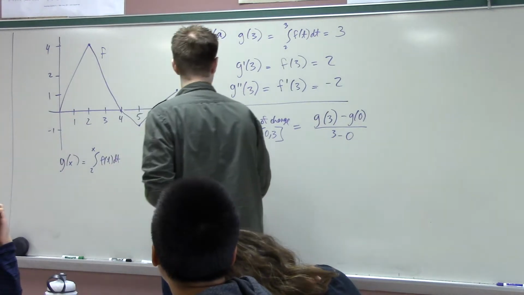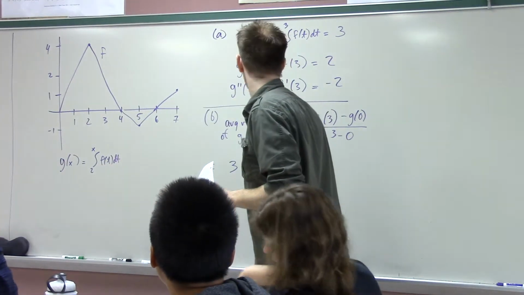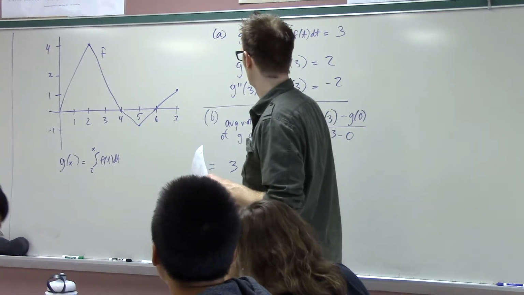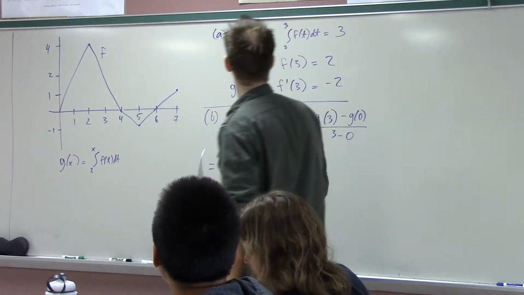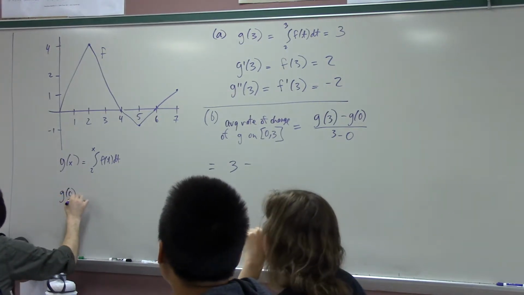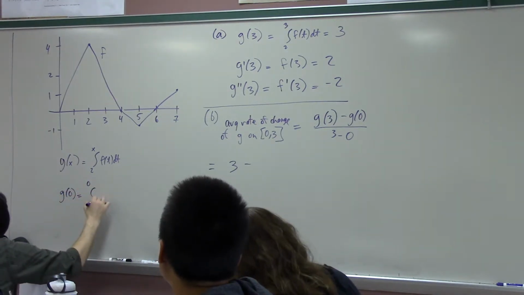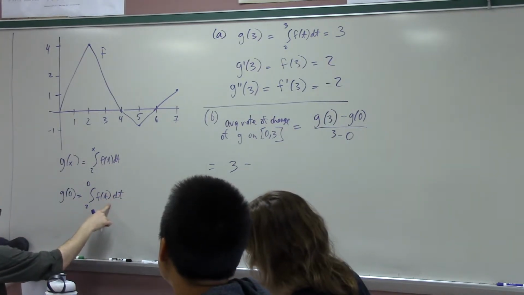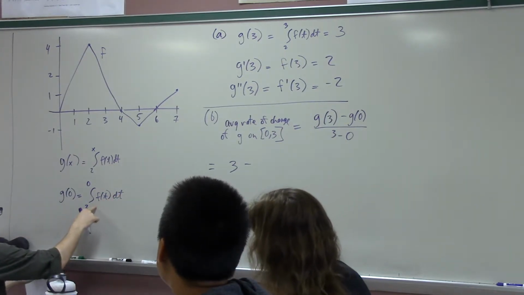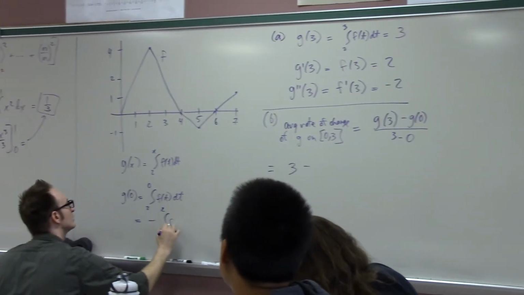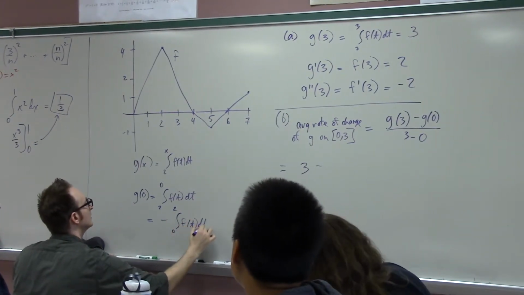g of 3 is 3 as we just computed. What's g of 0? 0. Well, that's actually a little bit complicated. No, it's not going to be 0. g of 0 is going to be the integral from 2 to 0 of f. The integral from 2 to 0 of f is the opposite of the integral from 0 to 2 of f, because it's backwards.